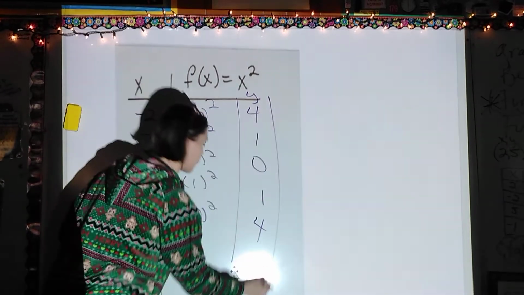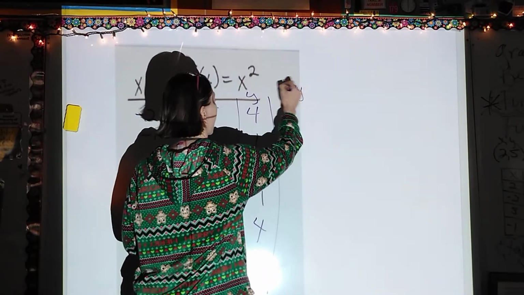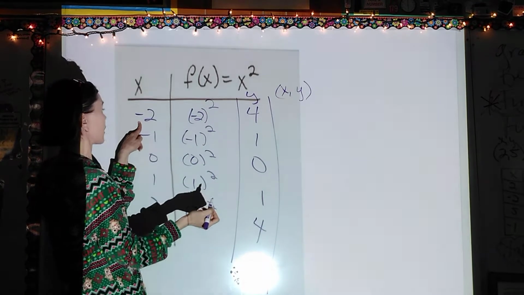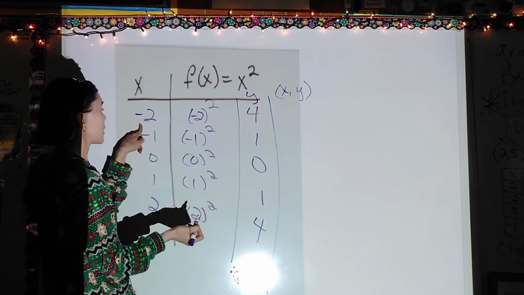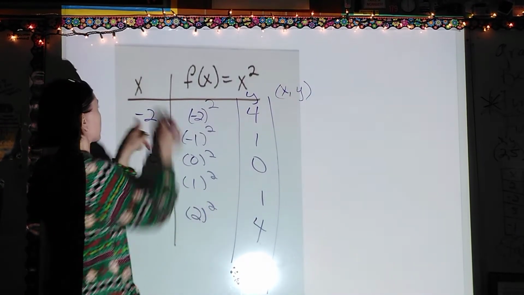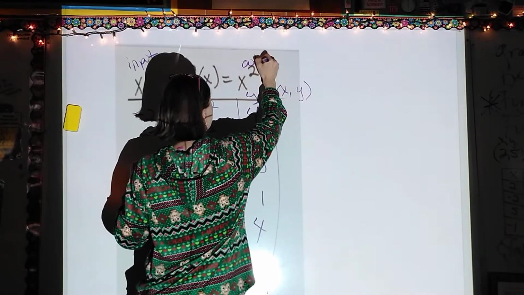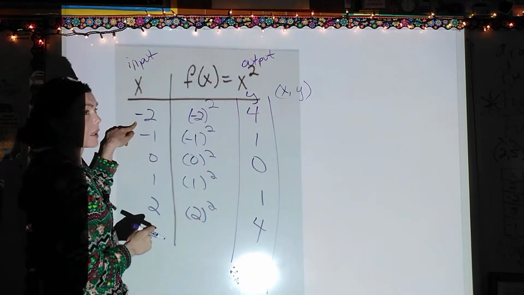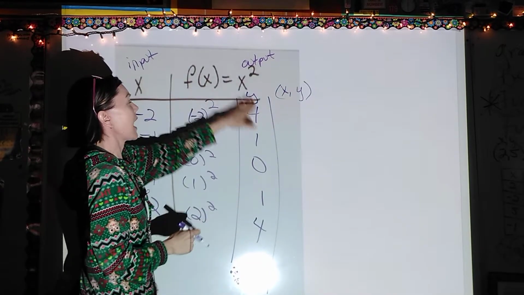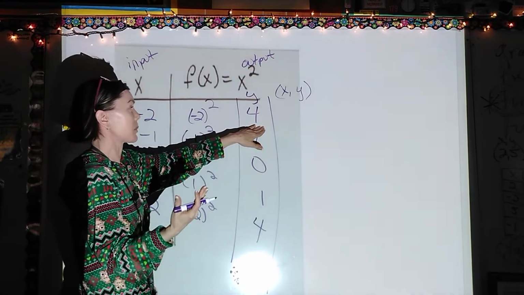So if I had my last column, my x and y, we put the ordered pairs together. When you have a -2, you input, this is your input value, right? And this is your output, your result. You input the -2, you put it into the function, and your output y value was +4.